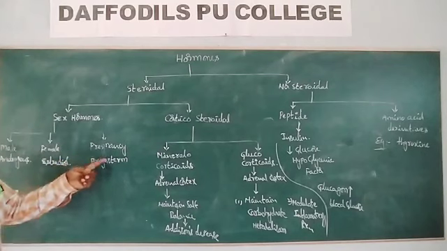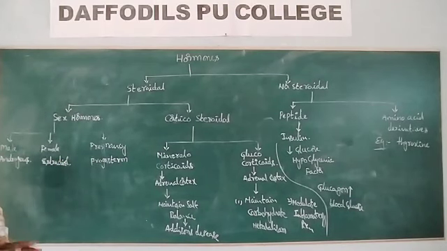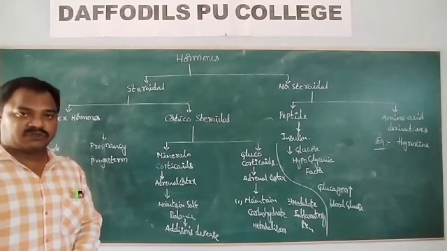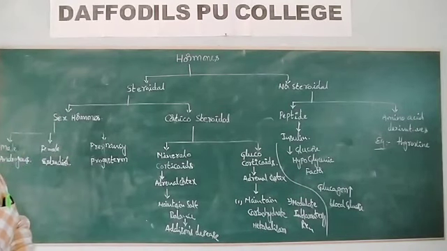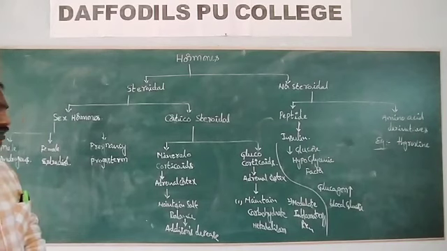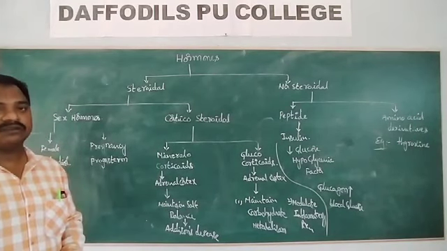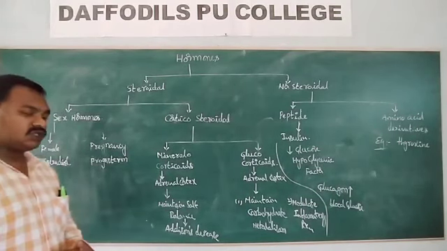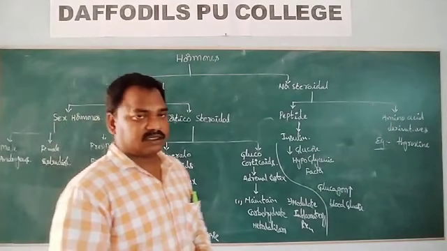Next one is pregnancy hormones. One of the pregnancy hormones is progesterone. This progesterone prepares the uterus for the implantation of the fertilized egg.